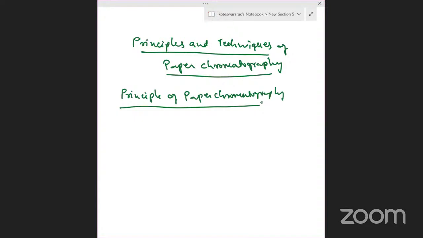The paper used in this chromatography is cellulose filter paper. The mobile phase is usually an organic solvent, or any other ionic or aqueous solvent. This is called normal phase paper chromatography.